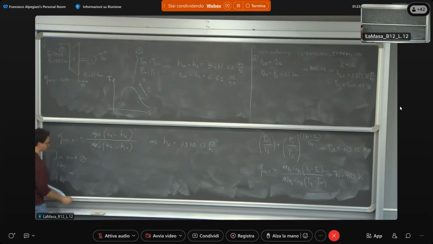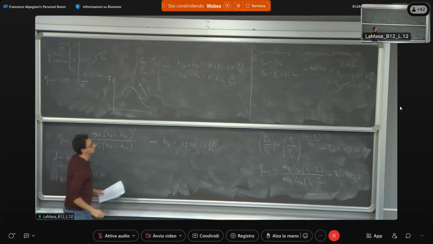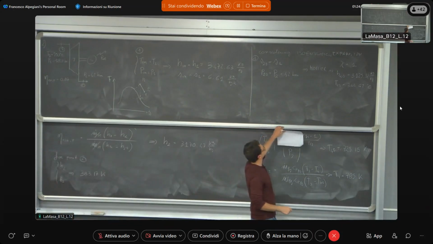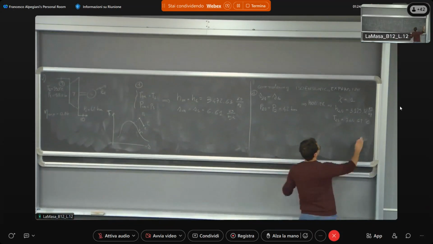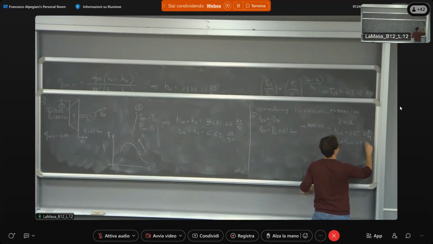And once again, with the Mollier chart, you can derive the other properties, and in particular the temperature, which comes equal to 383.17 Kelvin. Sorry, this is in Kelvin, not degrees Celsius.